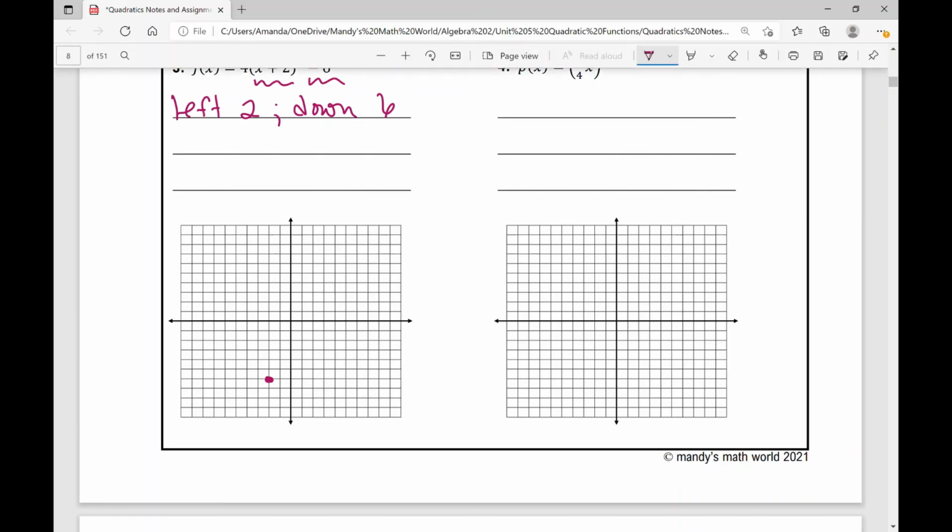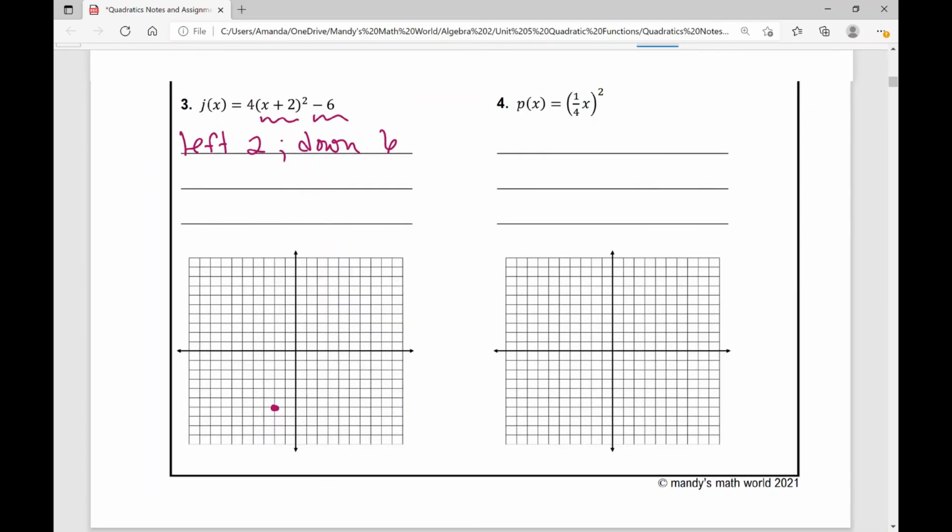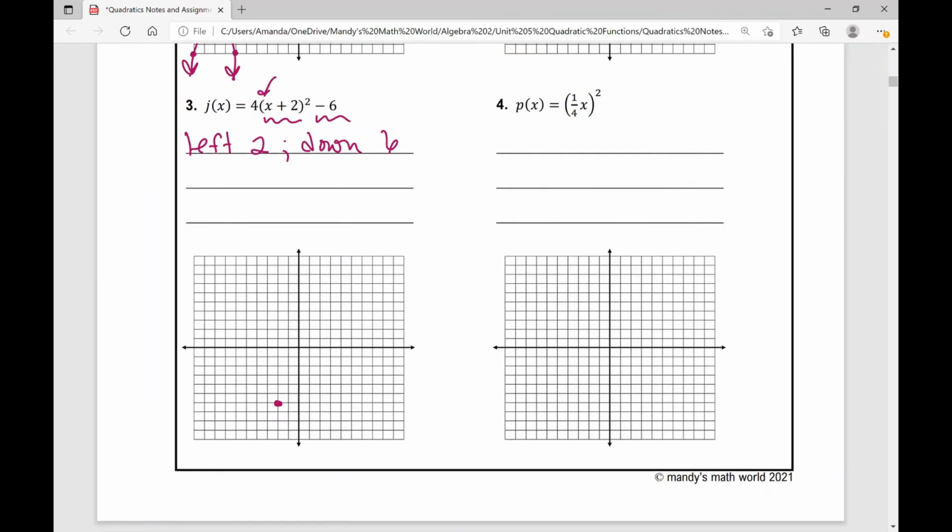This 4, whoops, let me move it down a little bit. This 4 that's outside the parentheses is a vertical stretch by a factor of 4. So I know there's no reflection or anything, so this function is going to open up, right?